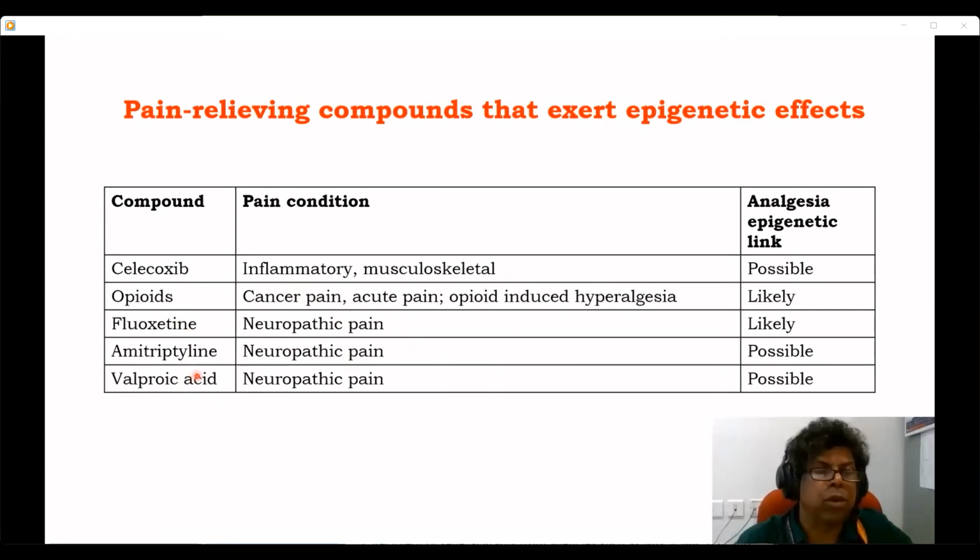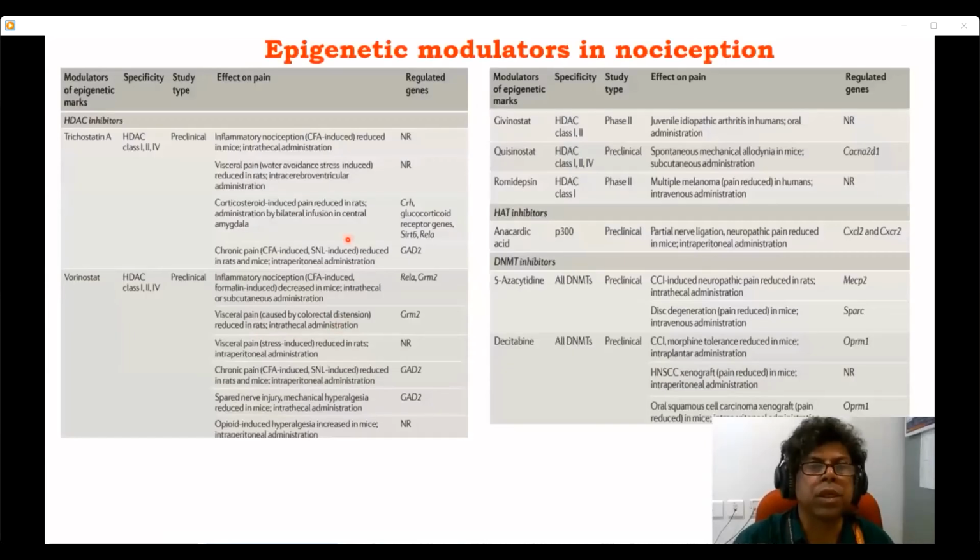Valproic acid is one of the most interesting drugs. They have shown that this particular drug is a histone deacetylase inhibitor, and tons of studies have been done in the epigenetic area where valproic acid is a very good histone deacetylase inhibitor. So this is a table which shows some of the drugs, for example, HDAC inhibitors like trichostatin A, vorinostat.